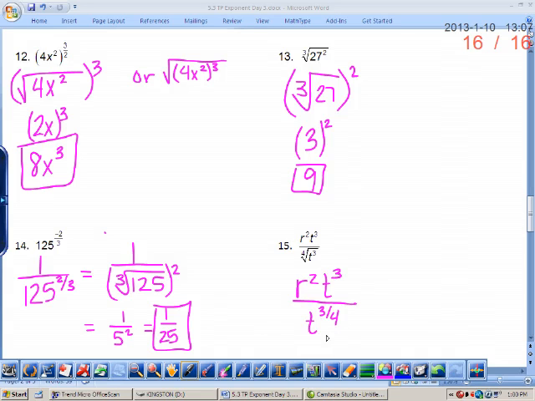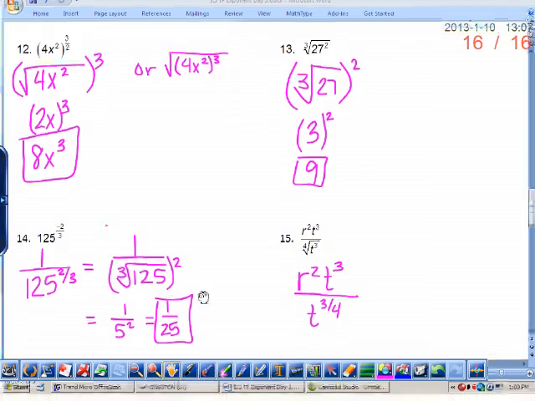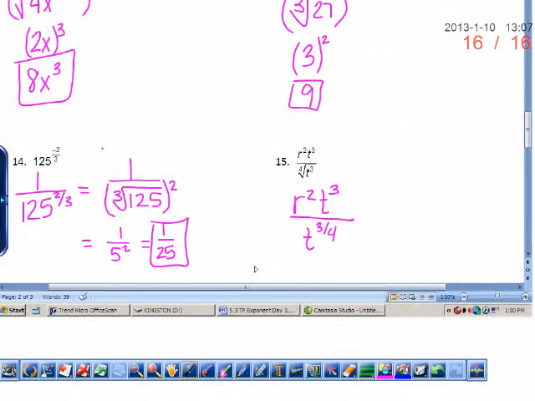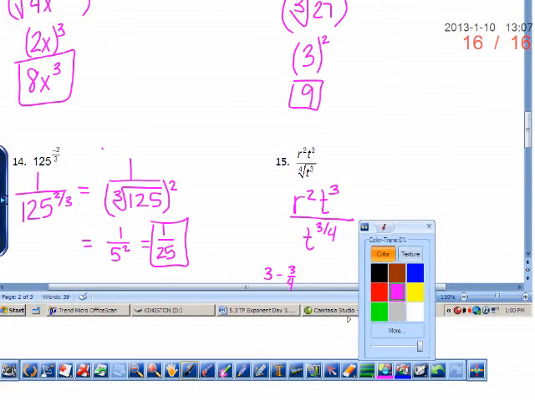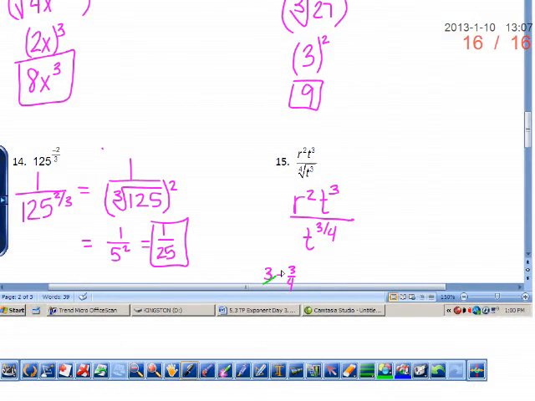Now we are able to subtract our exponents because we have bases that are the same being divided by each other. So let's think about if I've got 3 minus 3/4. How could I think of 3? 12/4. So 12/4 minus 3/4 is 9/4.